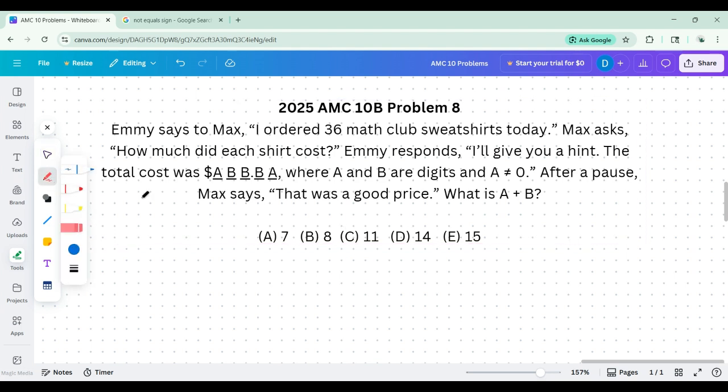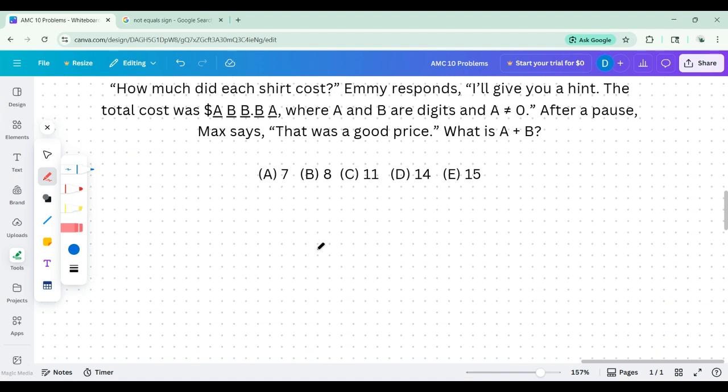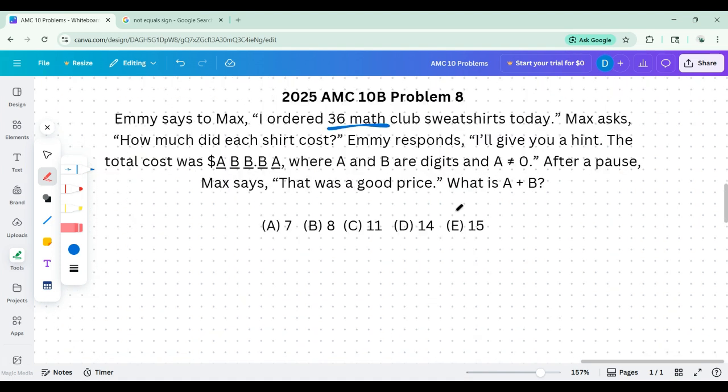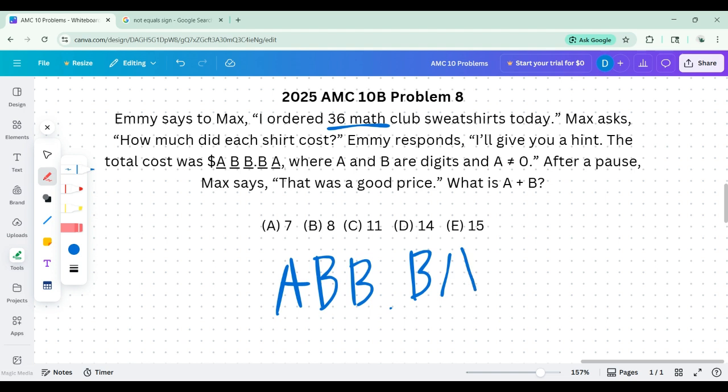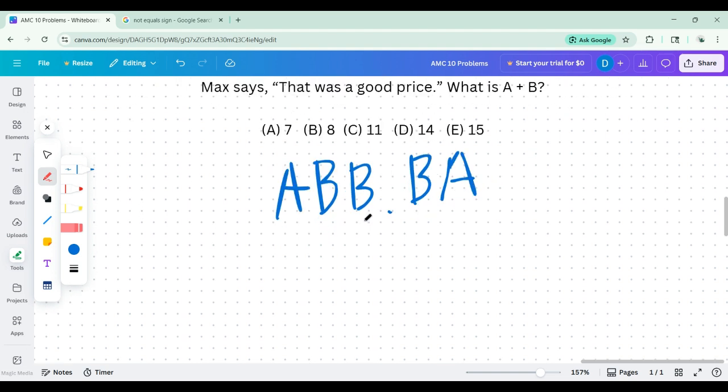So this is a simple divisibility problem in which the cost is ABB.BA. There's 36 t-shirts in total, so that means this total cost has to be divisible by 36, which means that this number has to be divisible by 9 and 4.